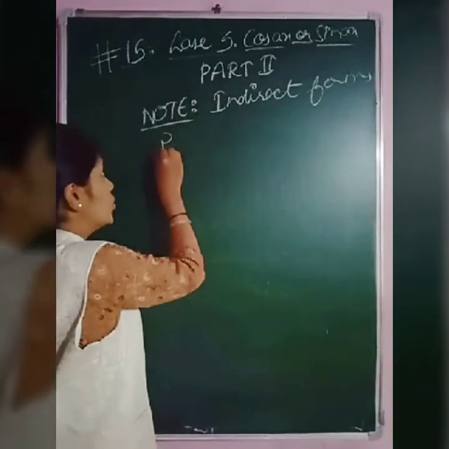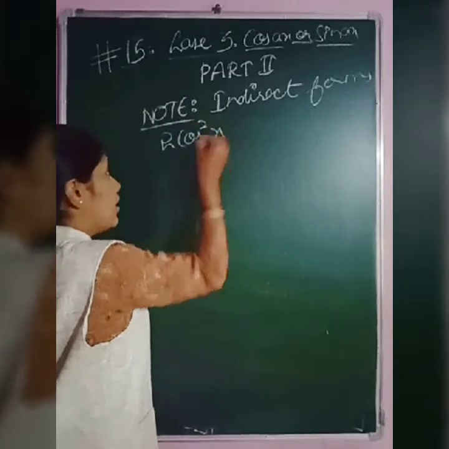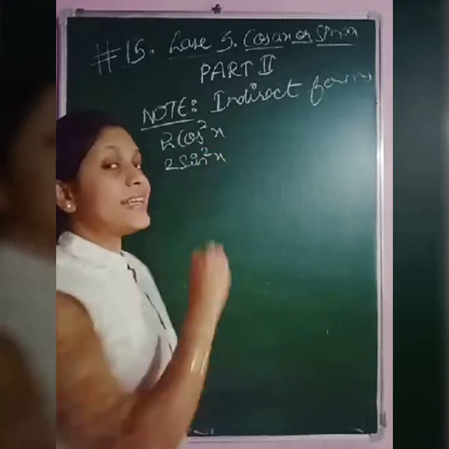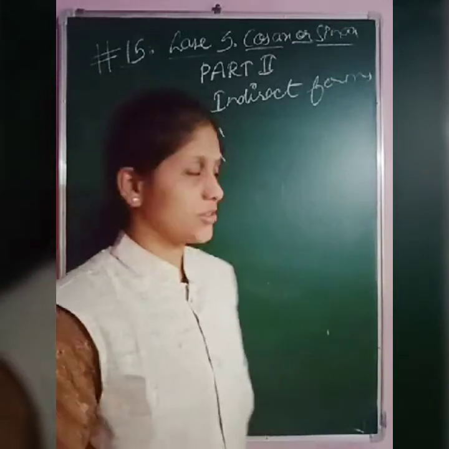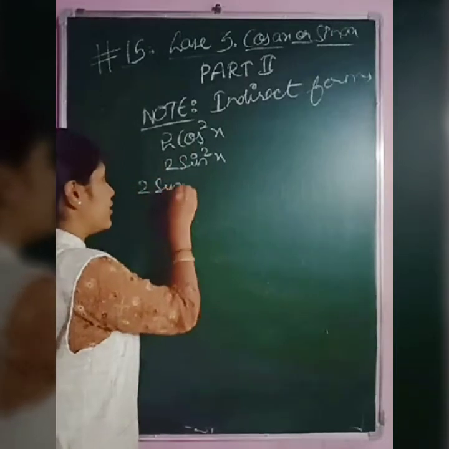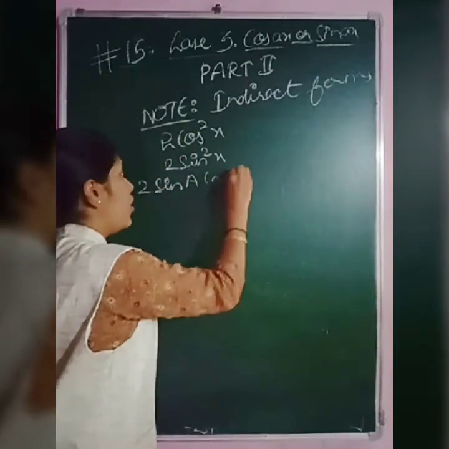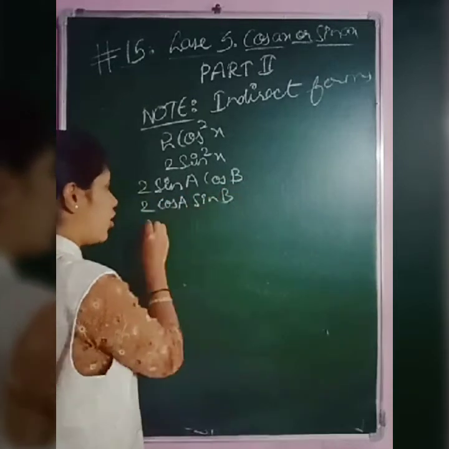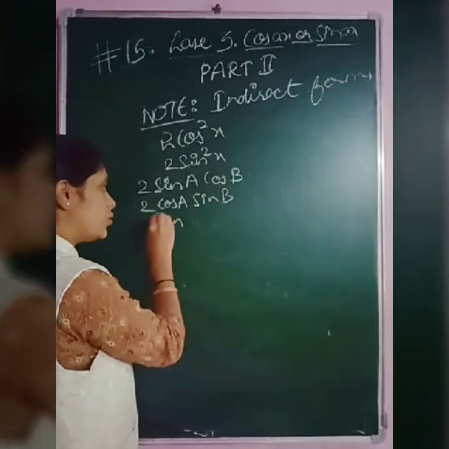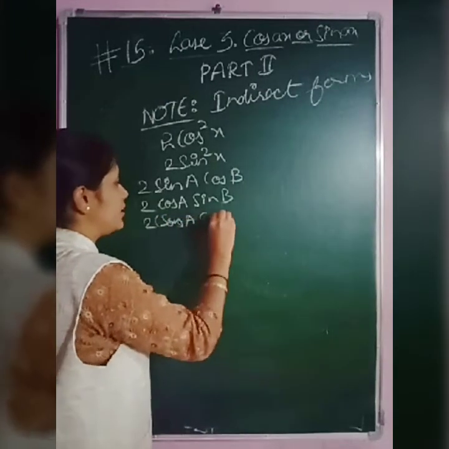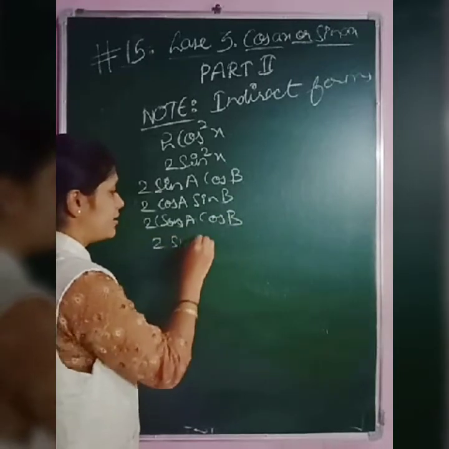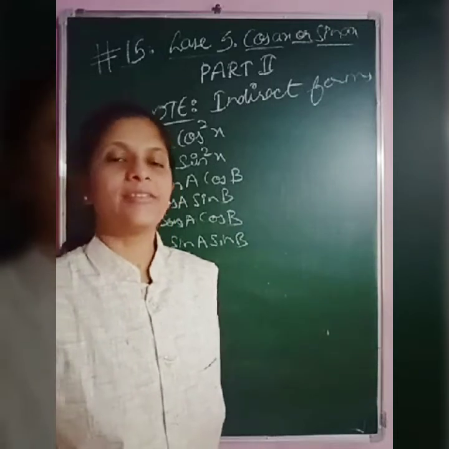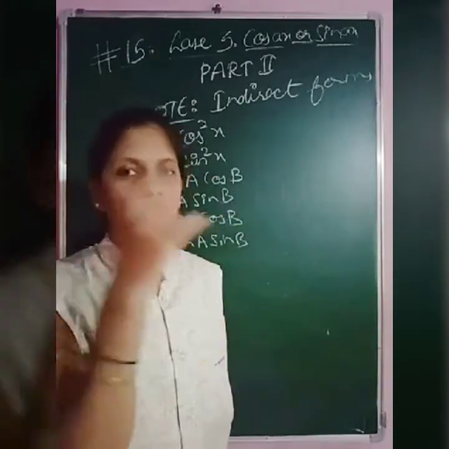It is nothing but 2 cos square x, or sin square x or 2 sin square x, or they can ask the product of sin and cos, that is 2 sin A cos B, or 2 cos A sin B, or 2 cos A cos B, or 2 sin A sin B. So indirectly in these 6 forms they can ask: cos square, sin square, and the products 2 sin A cos B, 2 cos A sin B, 2 cos A cos B, or 2 sin A sin B, right?